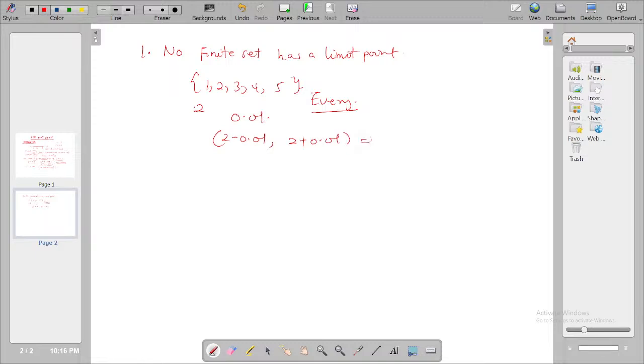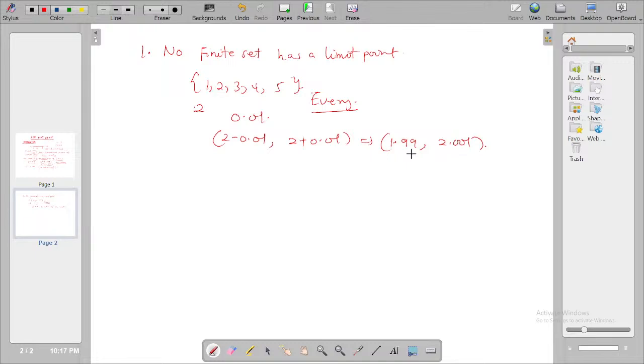This gives us 1.99, comma, 2.01. Within this interval, can we really locate any member of this set? Anything within this interval? Yes, it's an open interval.